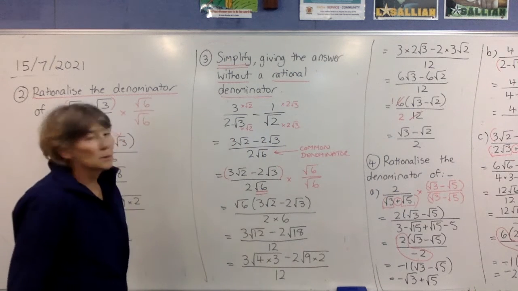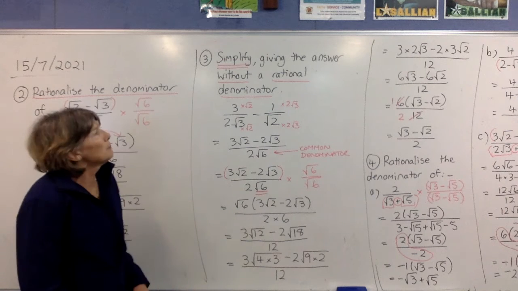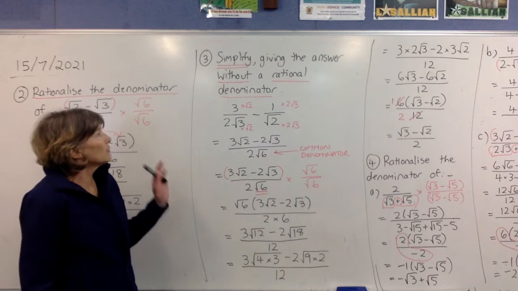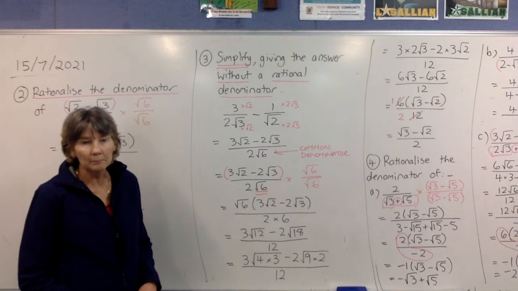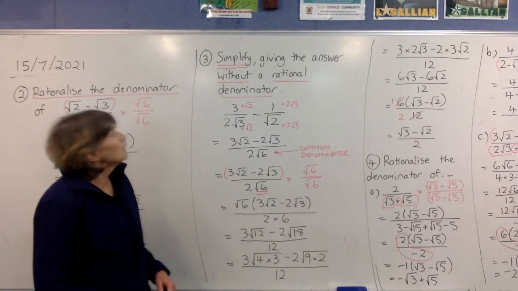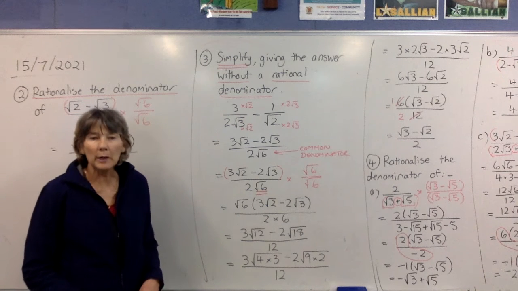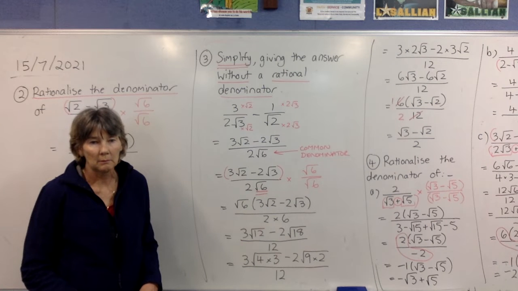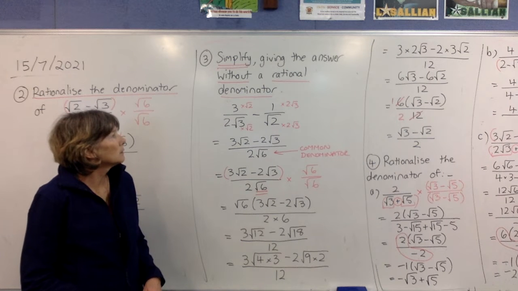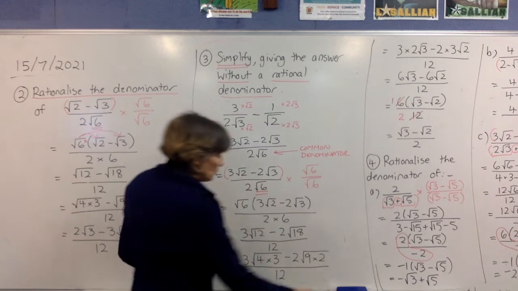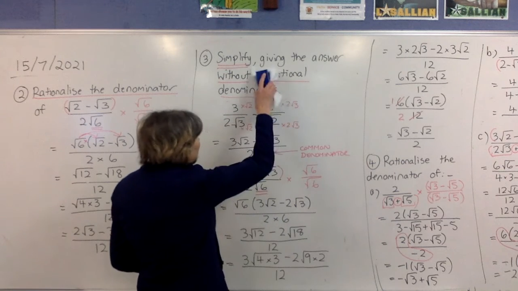Alright, looking at the next one. Now they've reworded this differently, but it means the same thing. If they've said simplify, we've got to give the simplest answer, giving the answer without a rational denominator. Okay, I think they meant without an irrational denominator, so we'll just change that wording a bit.